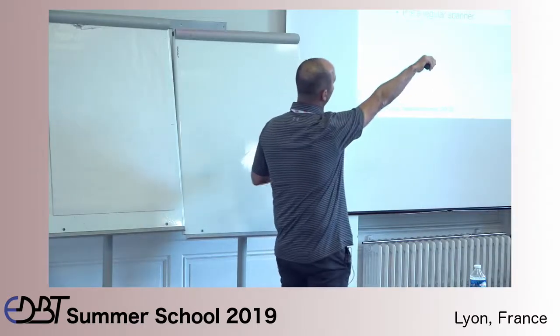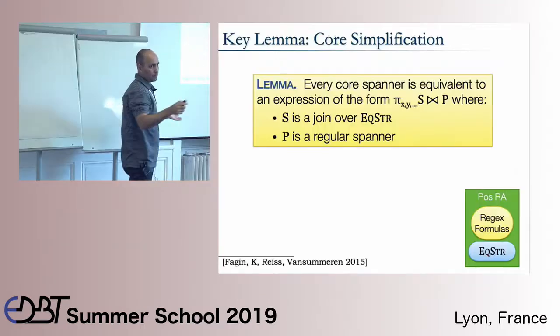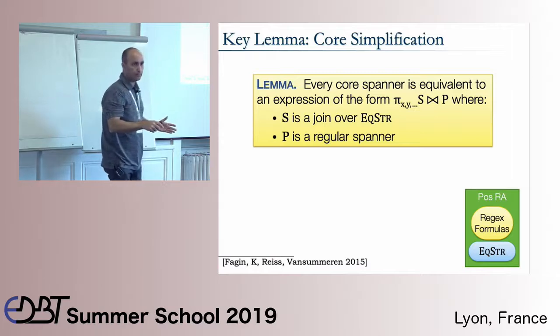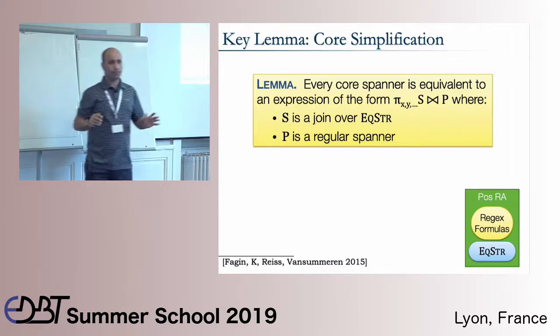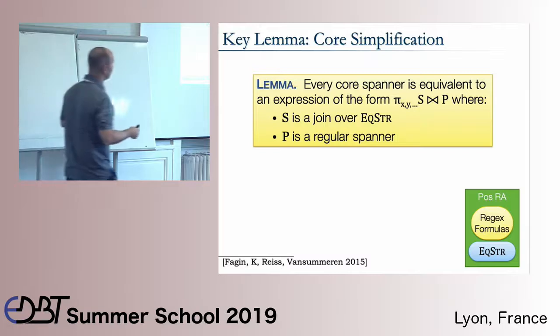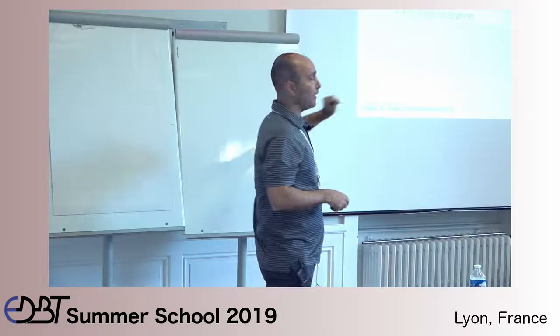And this form is as follows. You have a regular spanner, like a spanner automaton. You join it with a sequence of string equalities, and then you apply the projection. In terms of expressiveness, it's enough to reason about expressions of this sort.